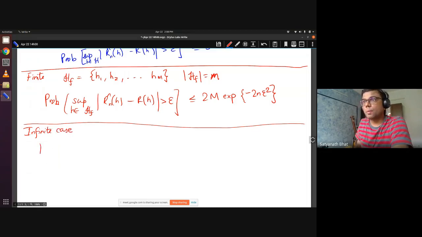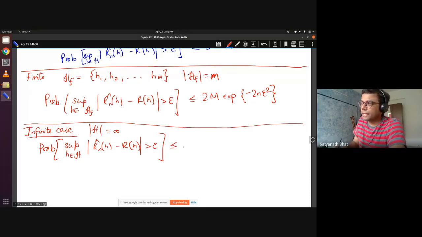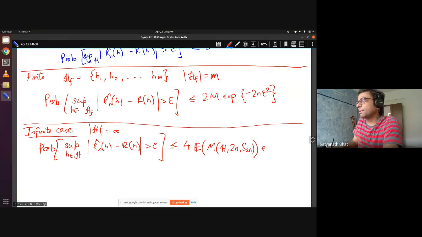So what we said is the probability that the sup over H belonging to H of |R_n hat of H minus R of H| greater than epsilon is less than or equal to, in the last class I might have written 8, but a tighter number is 4, times the expected value of M of H, 2n, S_2n, and e power minus n epsilon squared by 8.